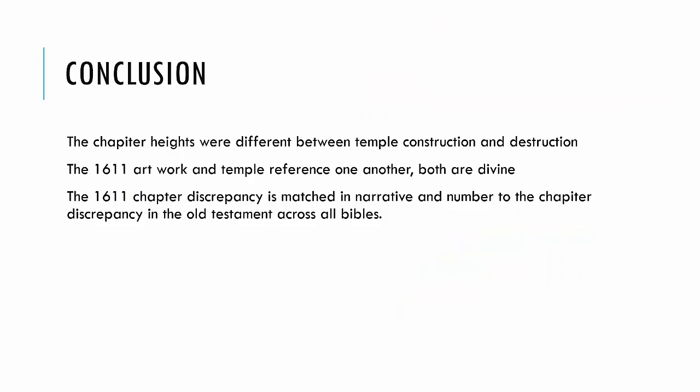So, in conclusion, it's a brief one. The chapiter heights were different between temple construction and destruction. They were different. God is the author of the whole creation, and we see examples of Him changing objects in this physical realm, like water into wine, and there are other examples that I can't bring off the top of my head.